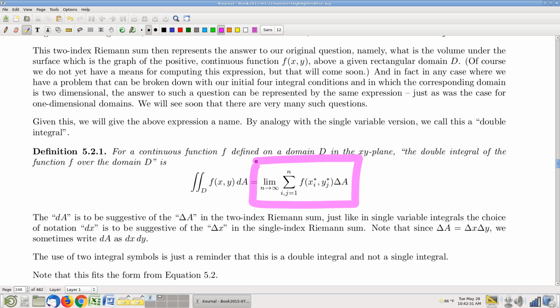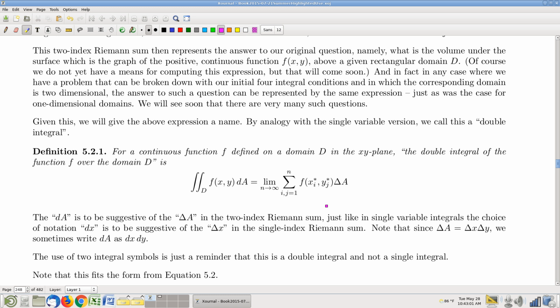It will compute populations if you know how population is distributed. It computes flow rates through tubes if you know the velocity to where you are in the tube. And then I ask you to let your imaginations run wild. It's endless. There's lots and lots of different kinds of applications that break down structurally in this form that are Riemann sums and therefore double integrals.